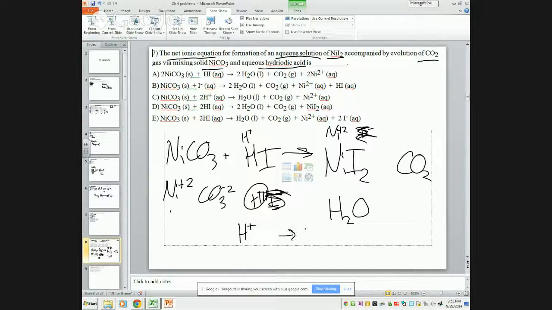It's going to end up as H2O. And then the solid. That was a solid initially, and now it's dissolved. So it's no longer just a solid. It's going to break up into Ni and CO3 eventually down there. CO3 changes.